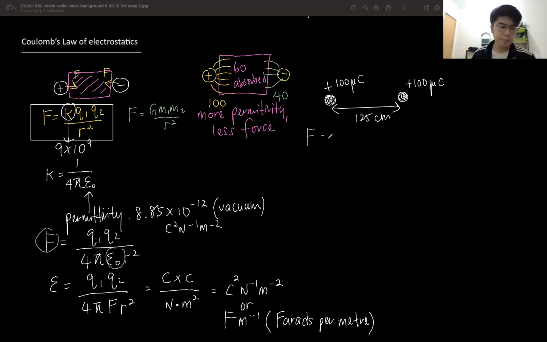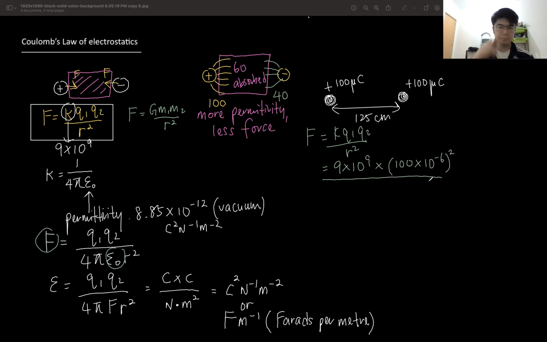So F equals K Q1 Q2 over R square, 9 times 10 power 9 times 100 times 10 minus 6, same charges, times another one, over 125 times 10 minus 2, squared. Calculate this one, we get 57.6 Newton.